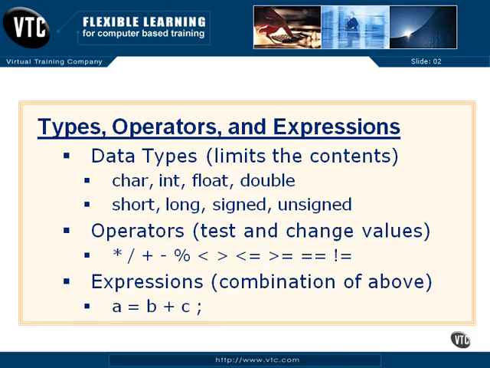Operators are used to test and change the values of variables. We have multiplication, division, addition, subtraction across here, our standard arithmetic operators, and then we get into comparisons: less than, greater than, less than or equal, these two together make that up. Greater than or equal, this is a separate operator.